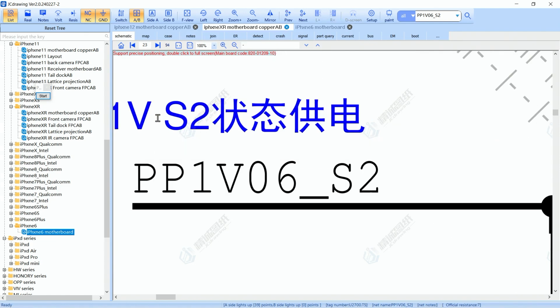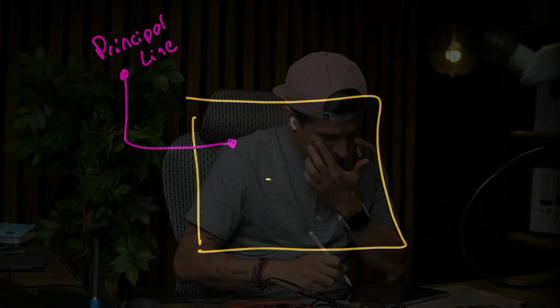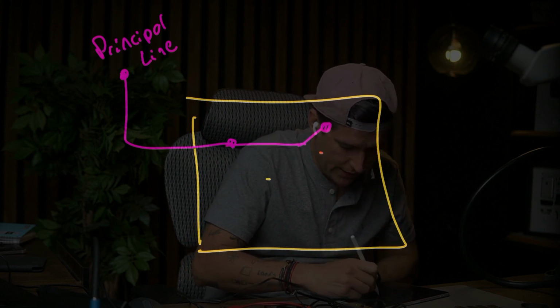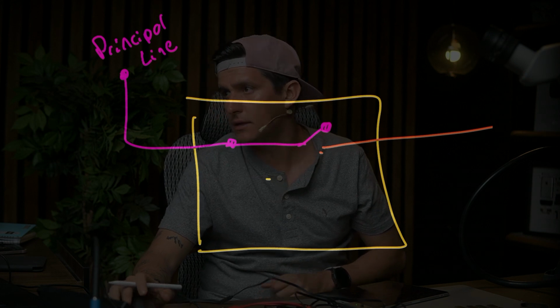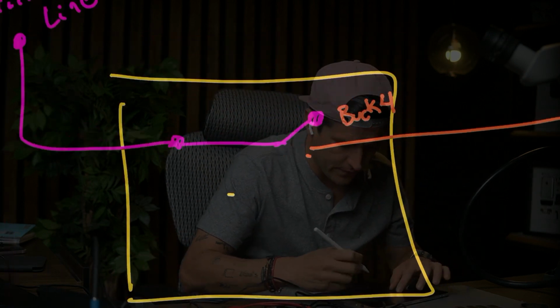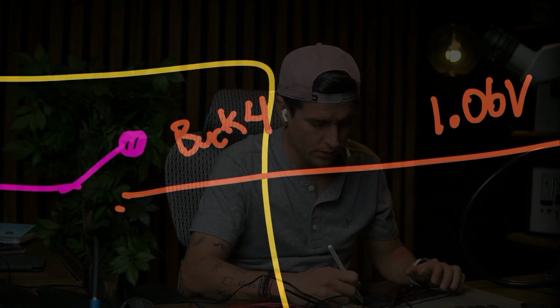See? I'm going to draw this wrong. So principal lines come inside our PMU, and now we have one buck. This is inside buck 4, and the buck 4 is one voltage of 0.6 volt, okay?